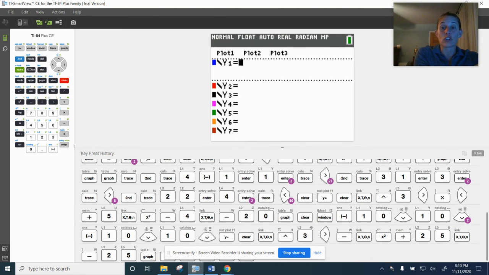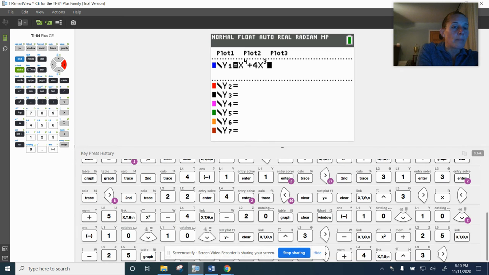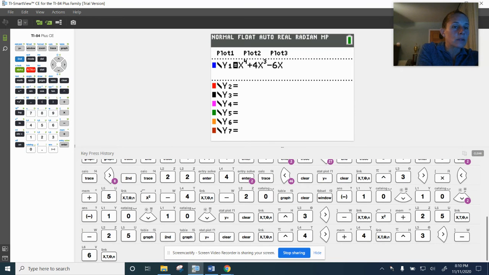So we don't have to guess and check from those 8 numbers. So if I'm typing this one in, I have x raised to the 4th plus 4x raised to the 3rd minus 6x squared minus 36x minus 27, and I'm going to hit my graph.